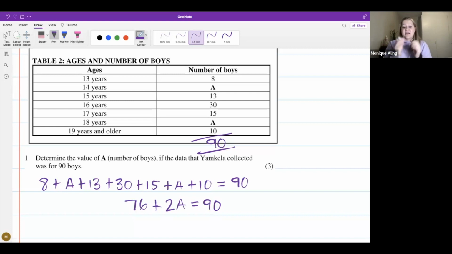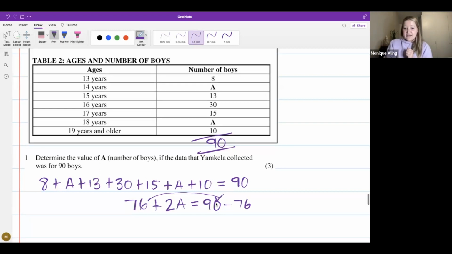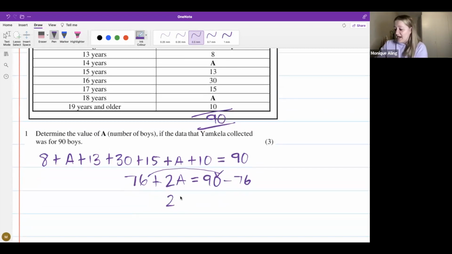I'm now going to take my 76 to the other side. Because it's a positive 76 here, it becomes negative 76 on this side. So that leaves me with 2A is equal to 14, which is 90 minus the 76. And because there's 2 A's, I'm going to divide by 2.